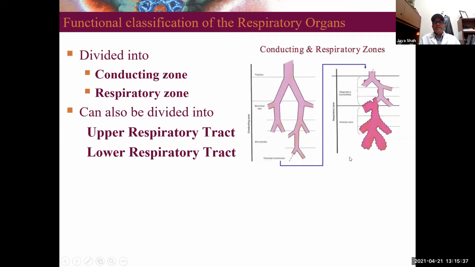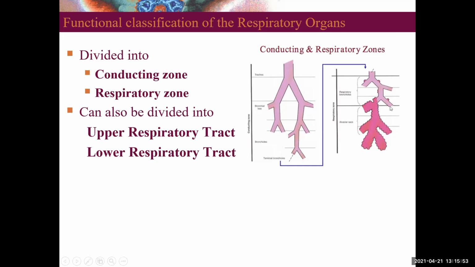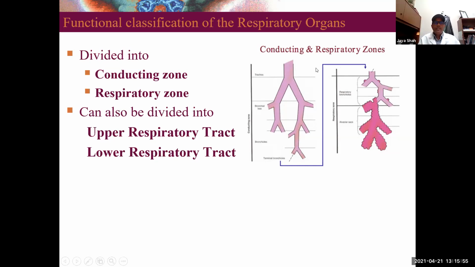Now, another way of classifying the tract is conducting zone and respiratory zone. The areas of the respiratory tract which do not exchange gases, we call the conducting zone. And the area which exchanges gases, we call the respiratory zone. So if you see here, nose, pharynx, larynx, trachea, everything up to the terminal bronchioles is conducting zone.